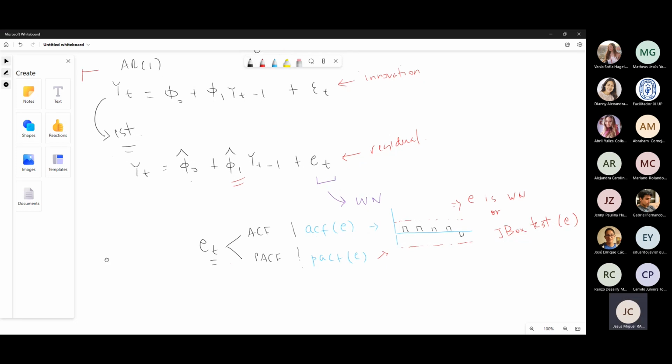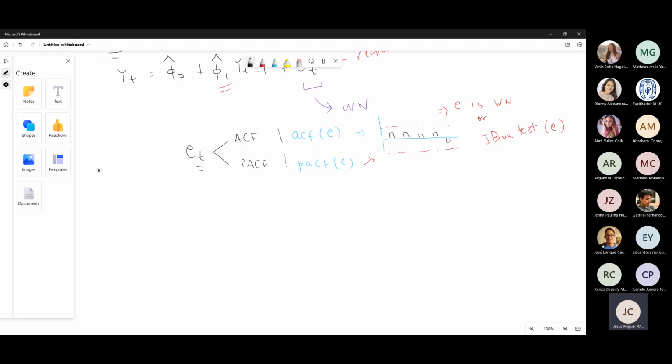But before estimating the model, you can also use the ACF and the PACF to make a hypothesis of what is the true data generating process of your time series.